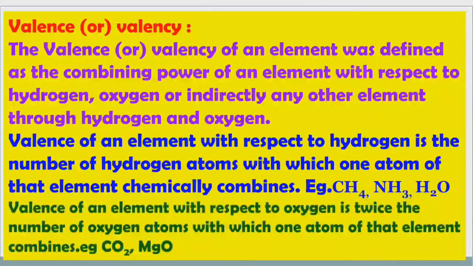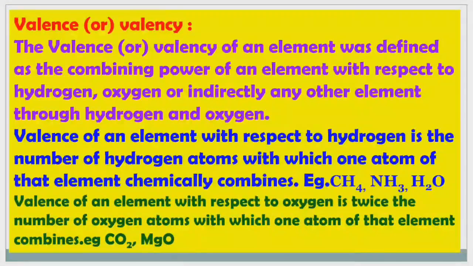For example, if you observe the carbon dioxide formula CO2, with carbon, 2 oxygens are bonded. So, we have to take twice the number of oxygen atoms. 2 oxygens are bonded, twice the number of oxygen atoms is 2 into 2, 4. So, carbon valency is 4.